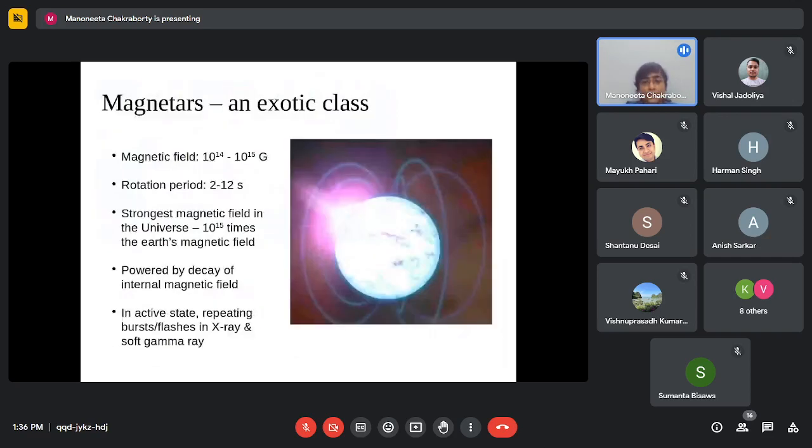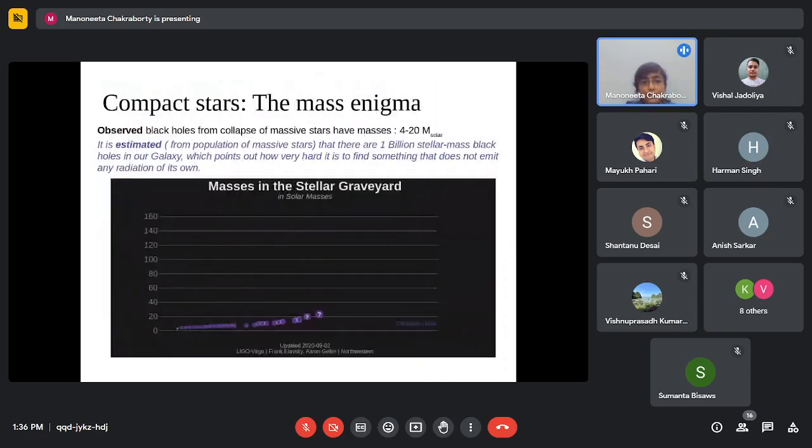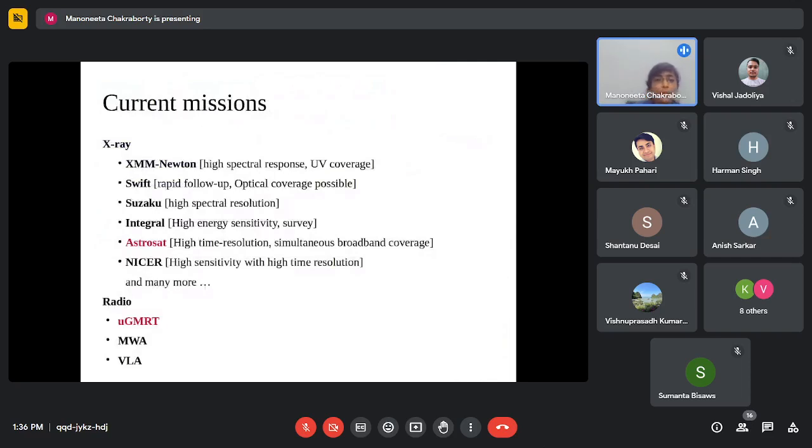Okay, having said that, I will just skip to the last part of my talk, which is about what we use to measure and observe these objects. Right now there is a bunch of facilities, both in X-rays and radio. I am mentioning these two wavelength bands because for today's talk I have mainly covered these two observations, but they are by no means comprehensive.